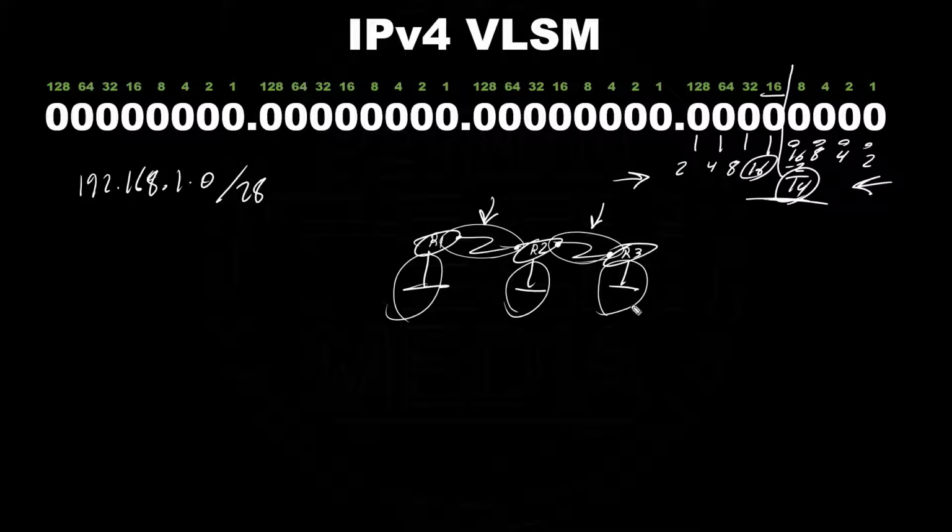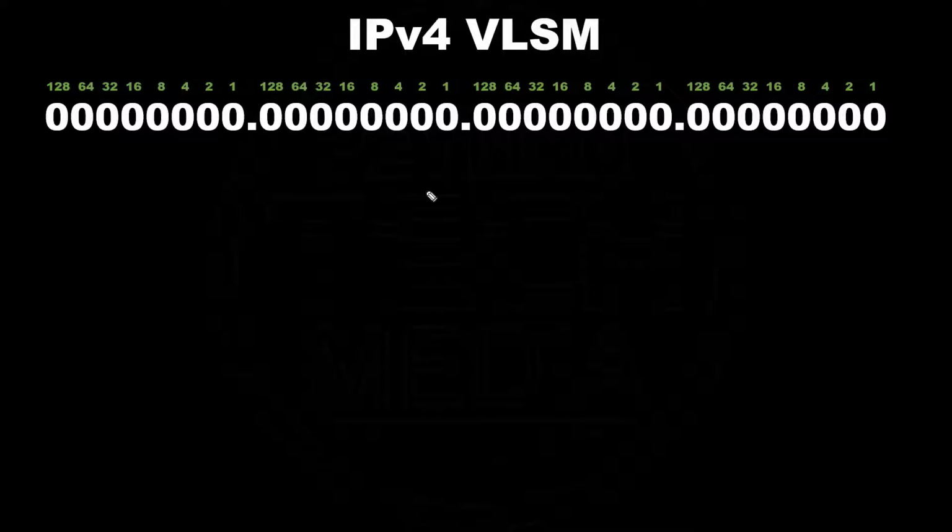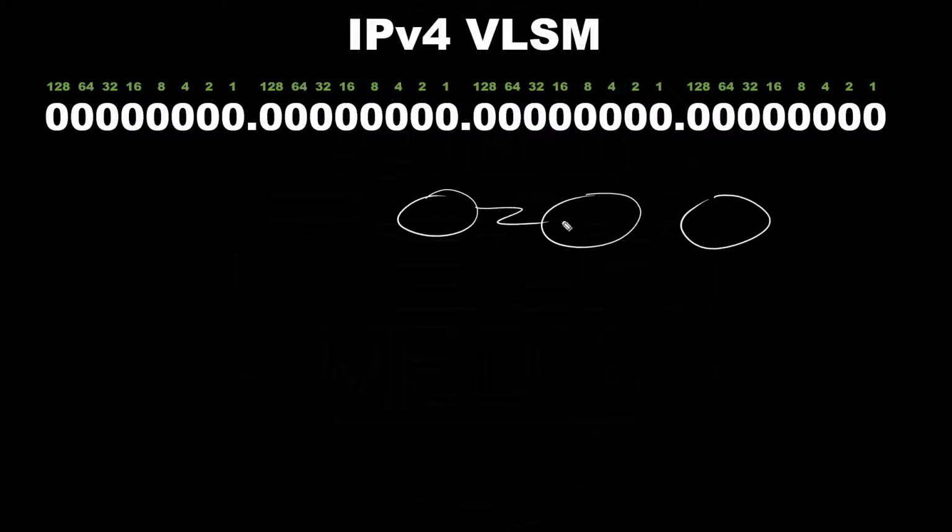Okay, let's go over one example of VLSM now. Let's say we have this network of 3 different routers where we have multiple different networks. And let's say for this one we need 100 available IP addresses. This one, let's say we need 50. And this one, let's say we need only 10 available IP addresses.